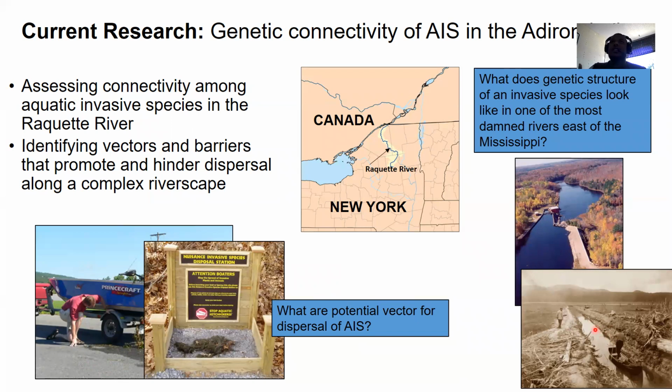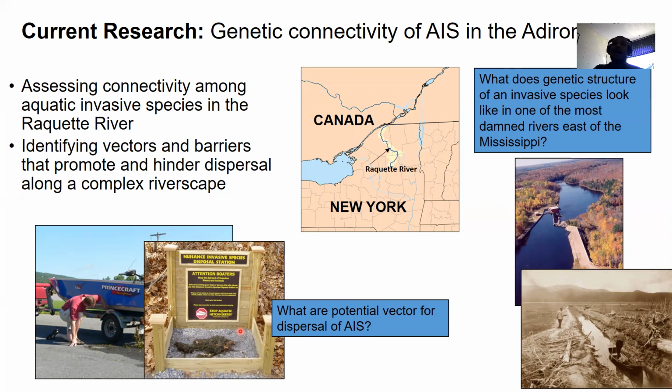And as you know, dams can act as dispersal barriers. But what makes this story even more interesting is the fact that in the Adirondacks, we have problems of a lot of recreational fishermen and boaters, and these can act as vectors that promote dispersal.